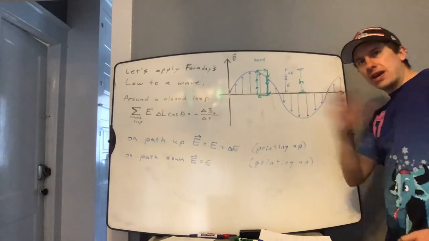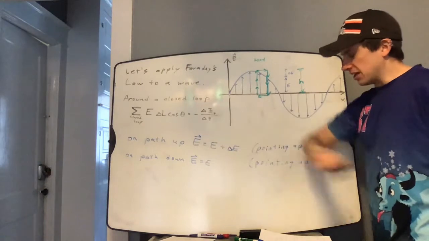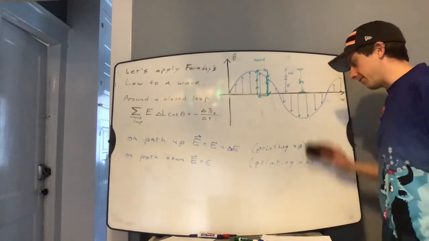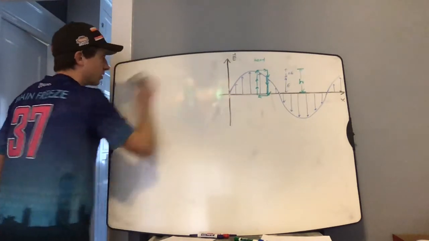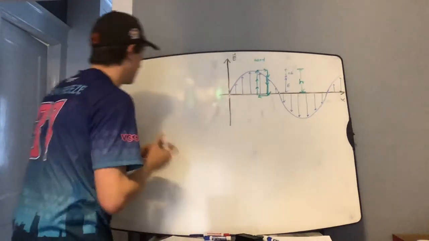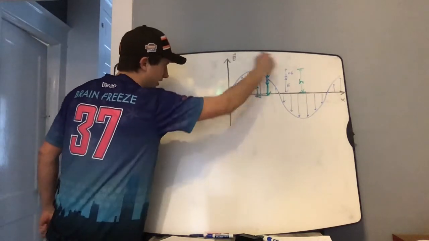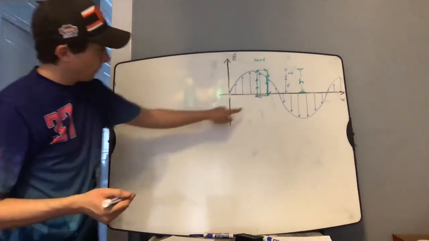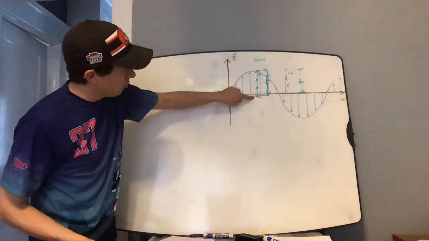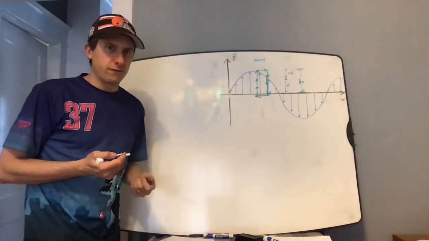Okay, now we have everything we want to apply and work out the left-hand side of Faraday's law. Around my closed loop, I will begin right here and walk in a clockwise direction. The first part of my journey, I'm walking upward, in the same direction as the electric field.